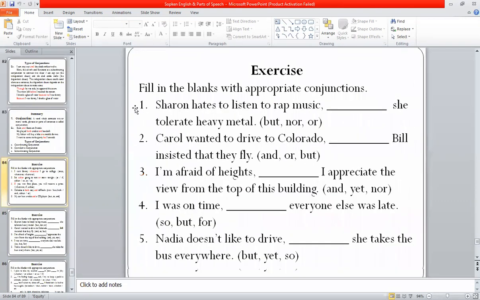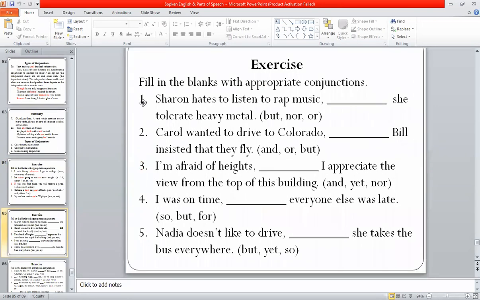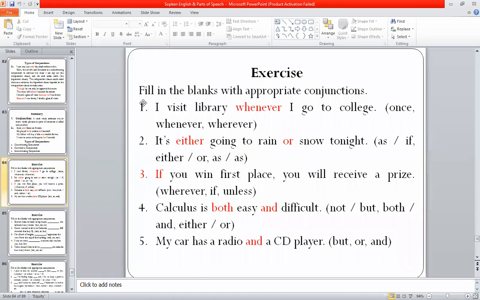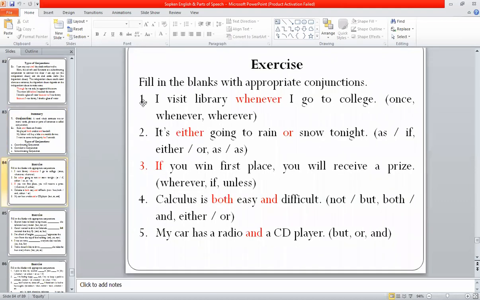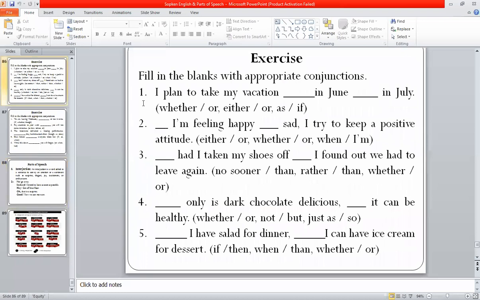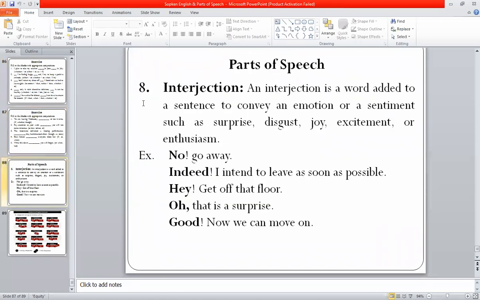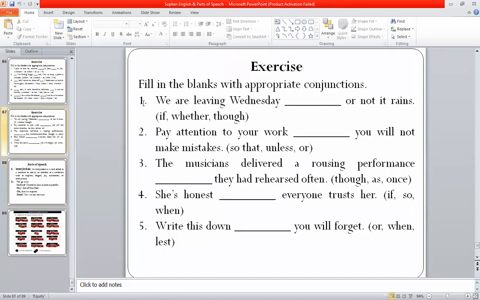So in the last lecture we were doing one of the exercises. I think we have completed two of them, but we are left with one.